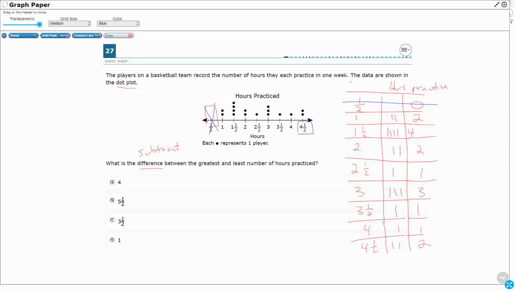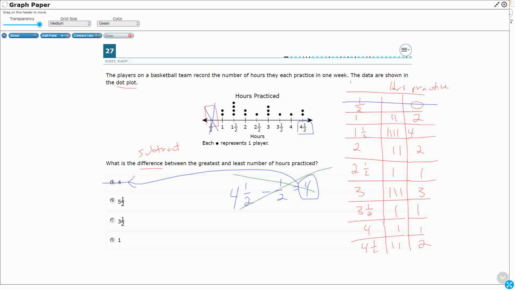I've got my 4.5, and if I wanted to subtract from 4.5 the greatest, that 1/2 doesn't have any values there. But if I were to do that, 4.5 take away half, you see that's going to be one of our answer choices. But we're not going to do it because no players ever practiced half an hour.